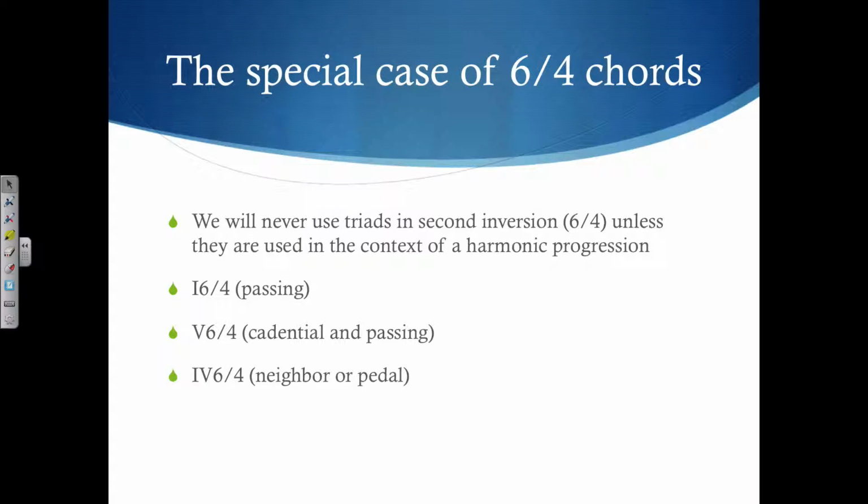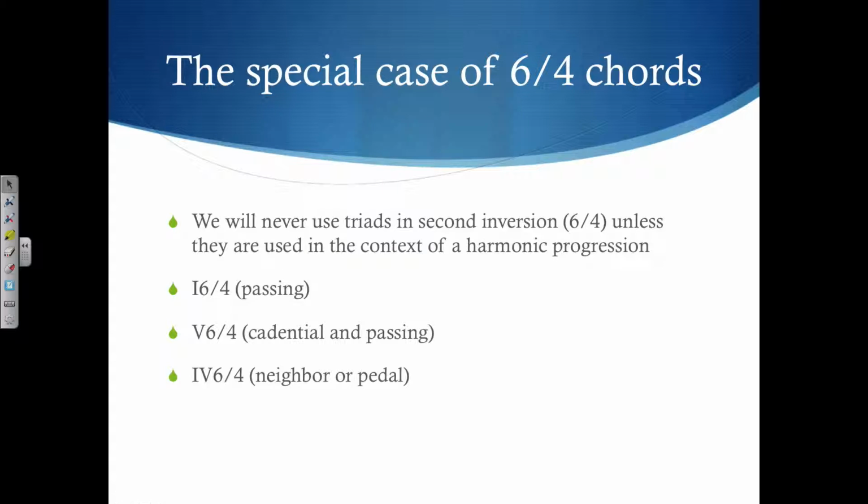So let's look at the special case of 6/4 chords. In this class, we will never use triads in second inversion unless they are used in the specific context that I'm about to go over. They are not used unless they are in the context of a harmonic progression. So we will only see these functions, these Roman numerals: I 6/4, V 6/4, and IV 6/4.